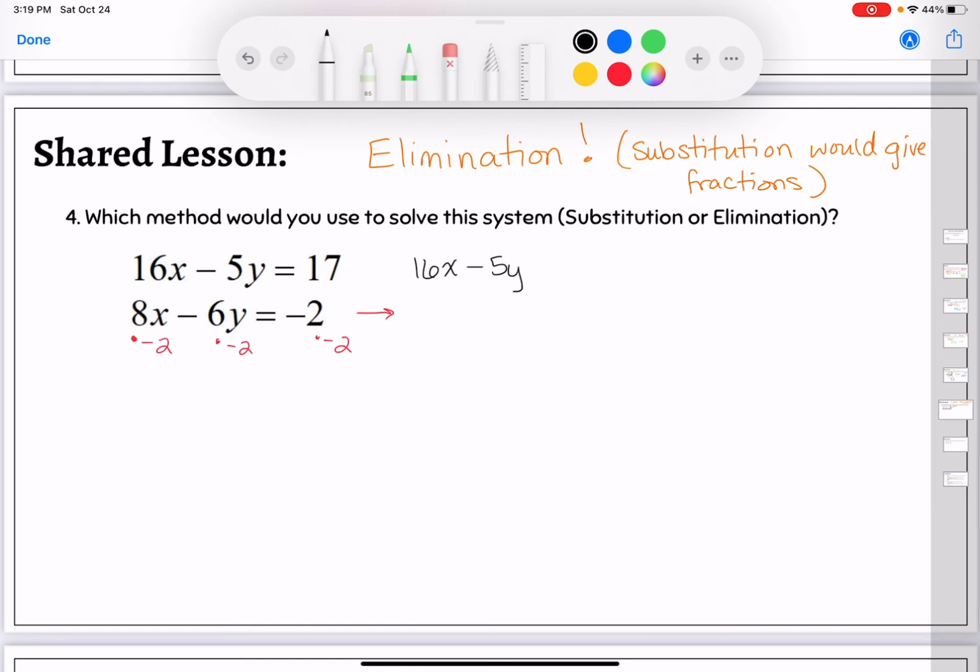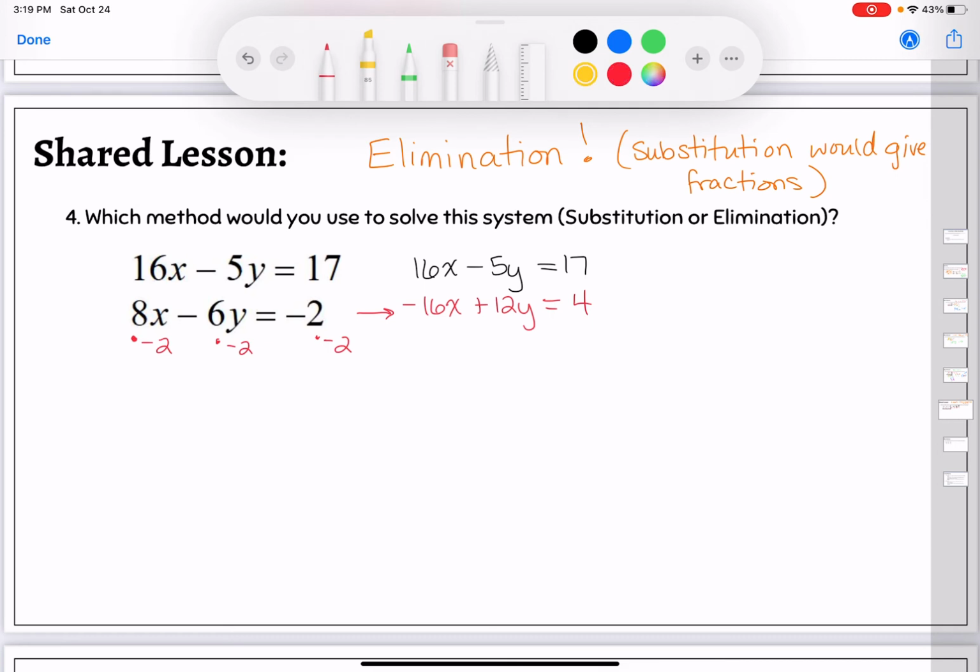16x minus 5y equals 17, but notice I'm rewriting it to keep myself organized. Please keep yourself organized. Negative 16x when I multiply by -2 on the bottom. Negative 6y times -2 gives me positive 12y equals -2 times -2 is positive 4.